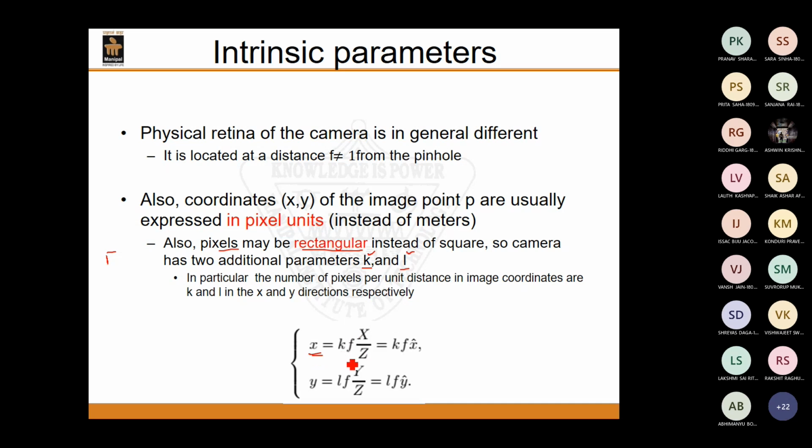Instead of d I can also write f, and k is the number of pixels present, right, into x by z. And we know that x by z is equal to x hat or x cap, right? So I can also write it as kf x cap. Similarly, I can write y is equal to l f y cap, right?